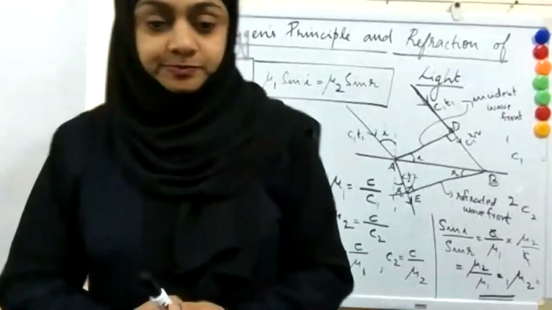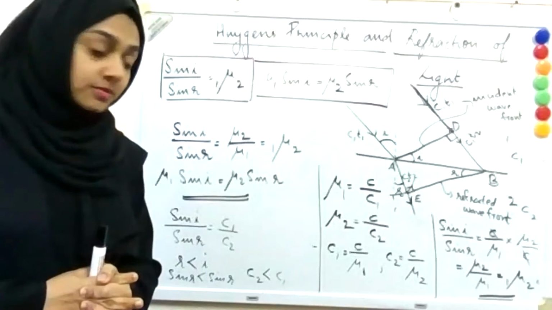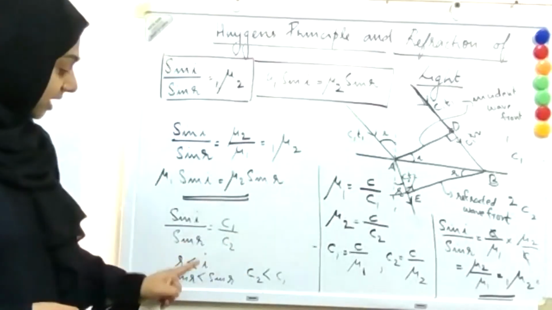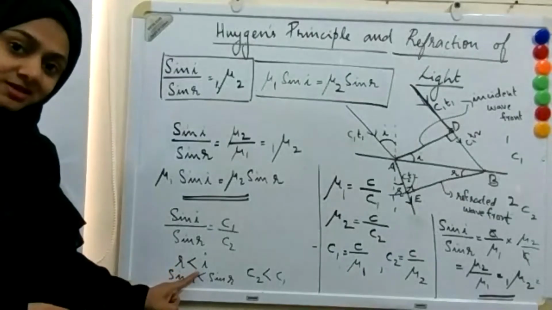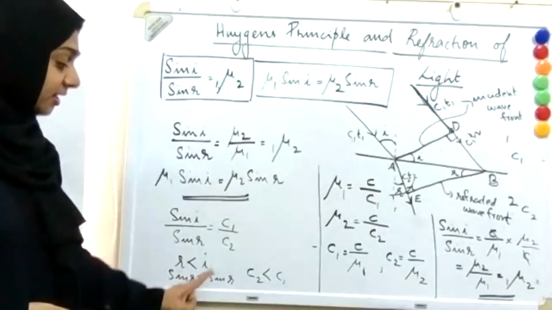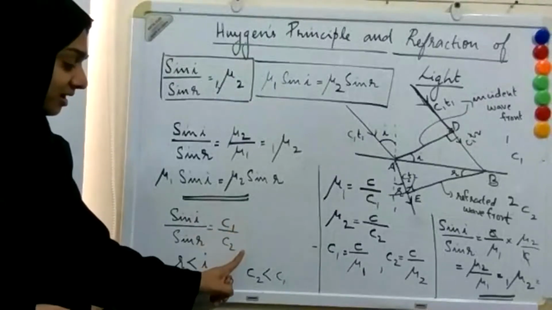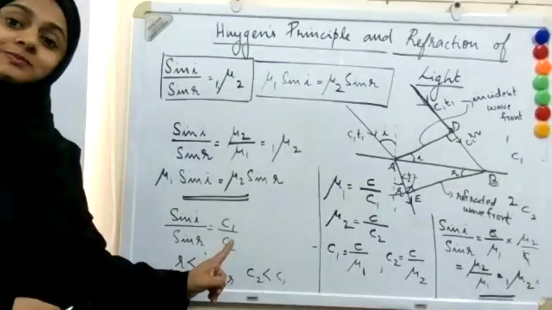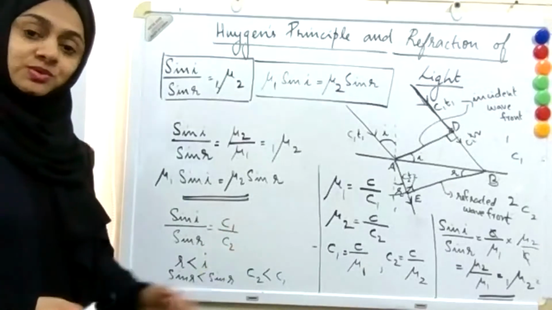Yes. Just, I is greater than R, right? Yes, I is greater than R. Then sin I will be greater than sin R, or C1 will be greater than C2.